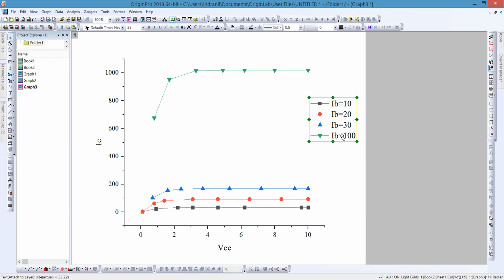Our ideal requirement is an ideal switch: when I turn it on, within zero lag it starts flowing current, and once I turn it off, it stops flowing current. That should be the ideal characteristic of a switch.